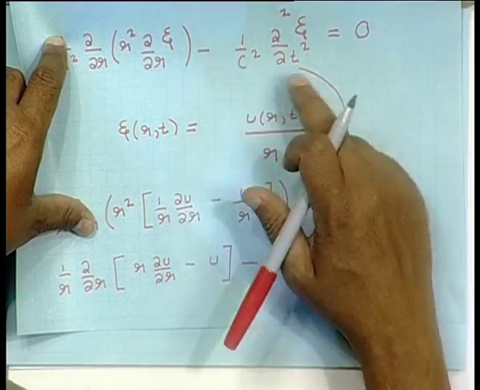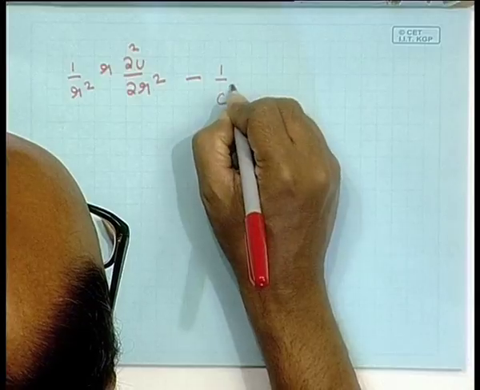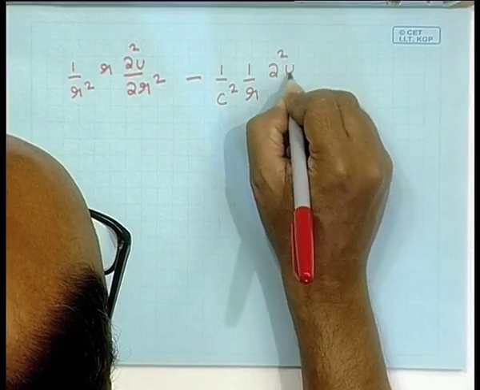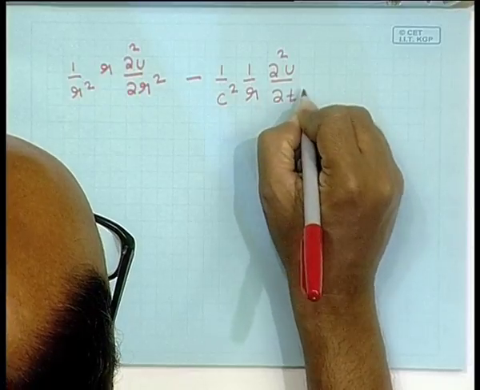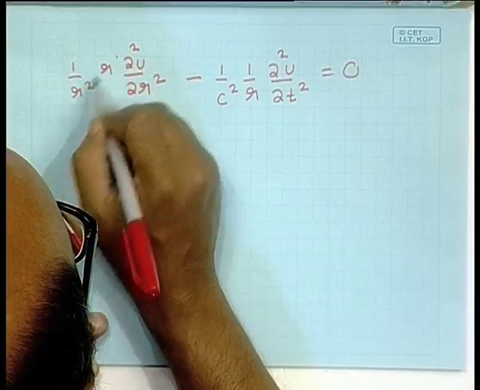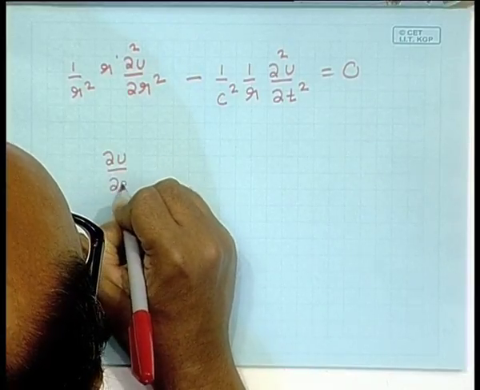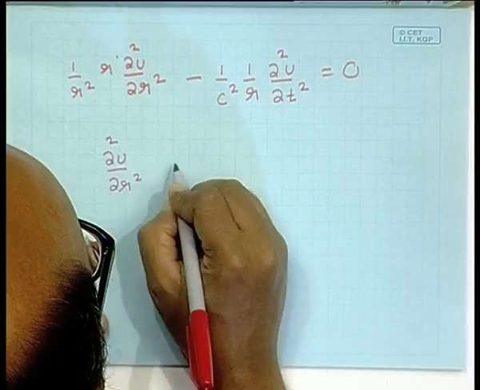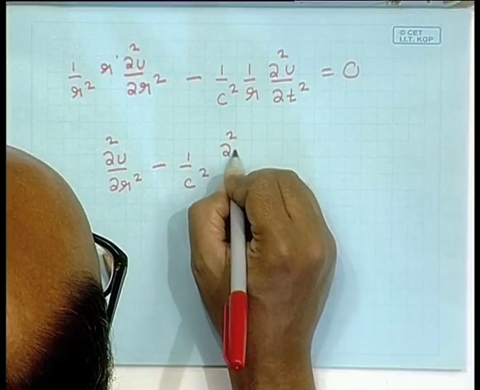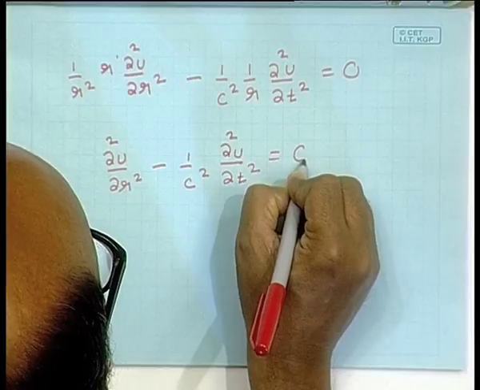So 1 by r comes out, and what I have is minus 1 by c square 1 by r del square u del t square is equal to 0, and the factor of 1 by r gets cancelled out, and finally what we have is del square u del r square minus 1 by c square del square u del t square is equal to 0.